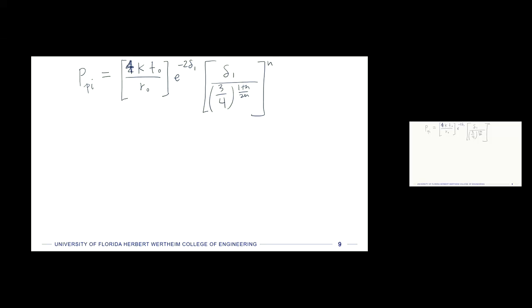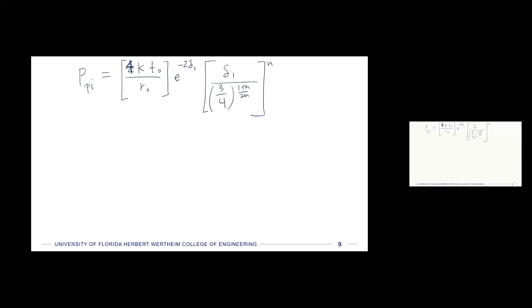So this is going to be sort of our critical pressure for plastic instability, you can say something like that, and it is going to be equal to a term out front, 4k T naught divided by R naught, e to the minus 2 delta 1, and then we'll have a second term that's a bunch of deltas and n's and constants. All I've done is solve for P.